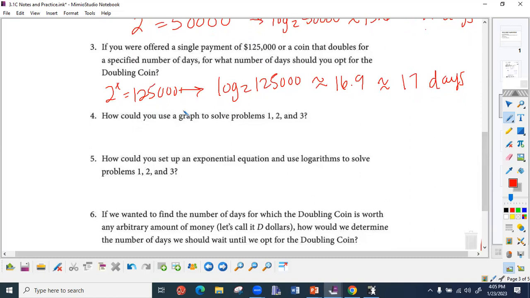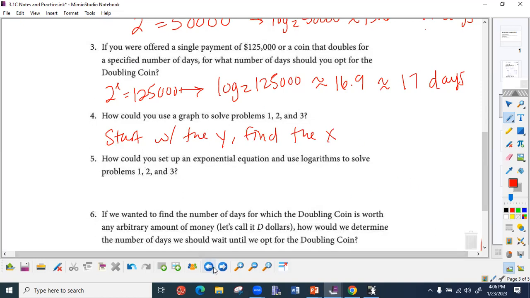So instead of starting on the x-axis, we would have to start on the y-axis and then find our x-axis. That's how you would use a graph. We start with the y, because y is our moolah, our money, right? And then we're going to find the x.